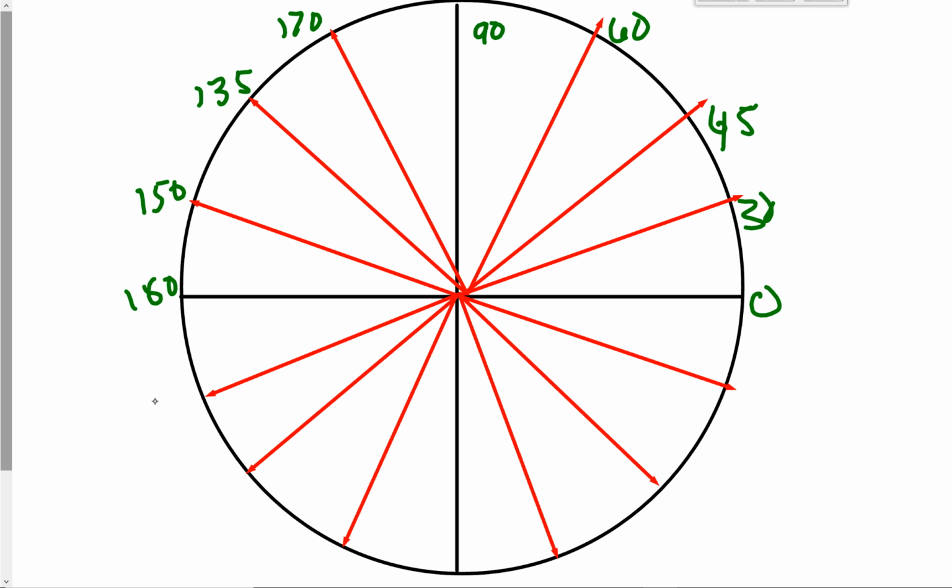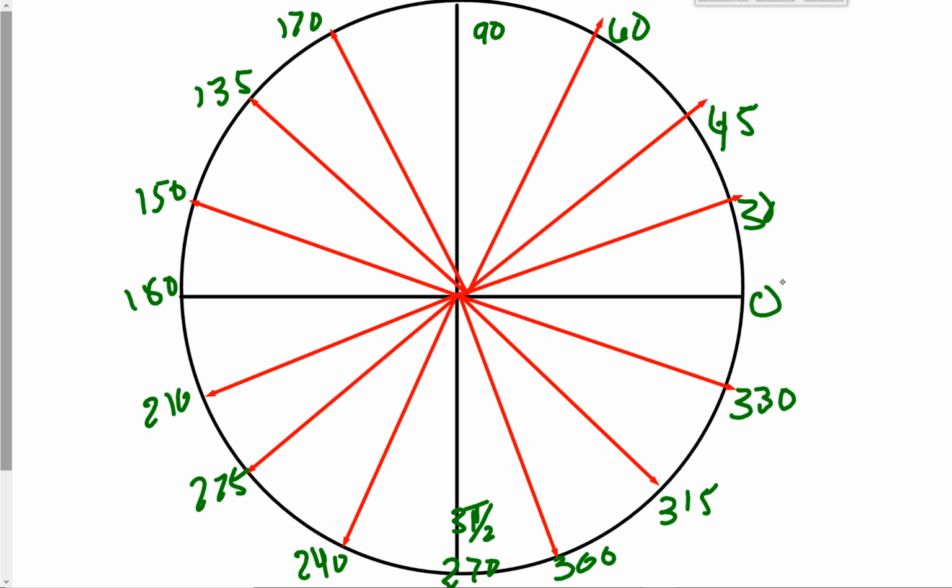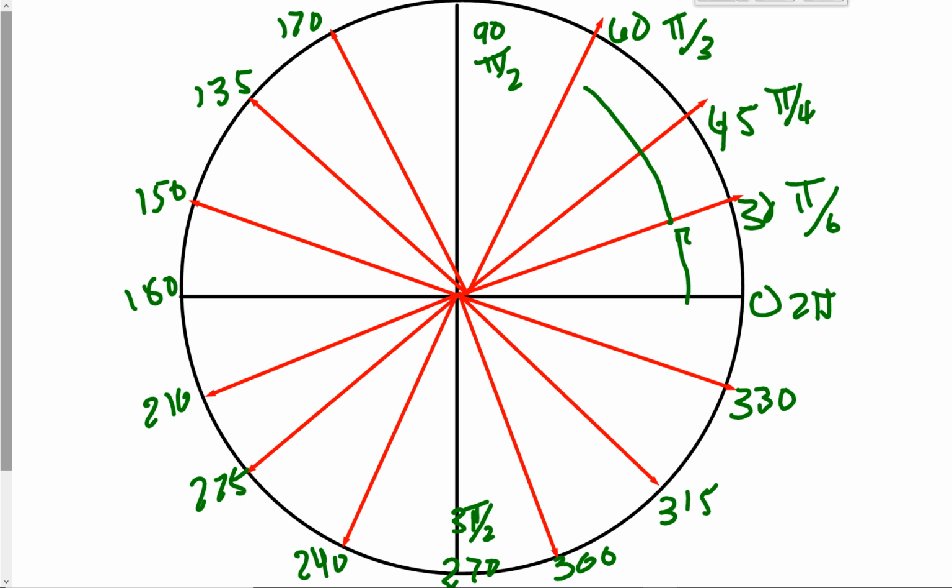And then you're going to do the radians as well. So this would be 3 pi halves, 300, then 315, 330, and then the radians would be: this would be 2 pi, this would be pi sixth, this would be pi fourths, this would be 2 pi sixths, which is pi thirds, this would be pi halves, because really these are just counting: this is 30, this is another 30, this is another 30.